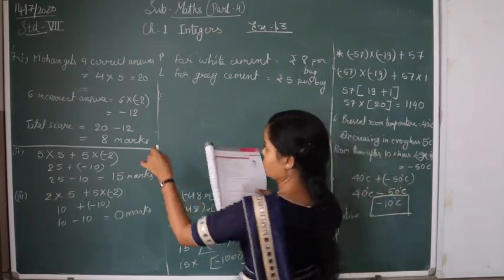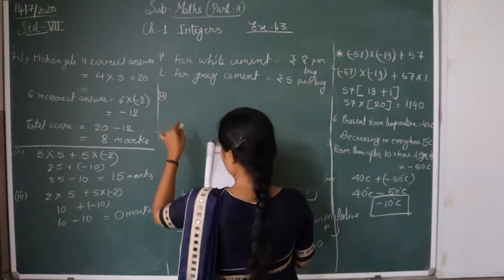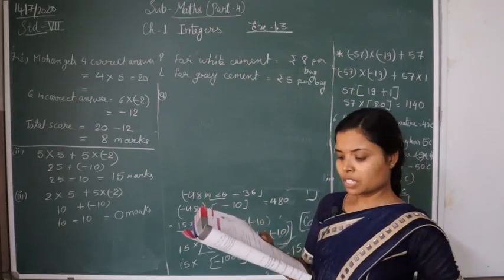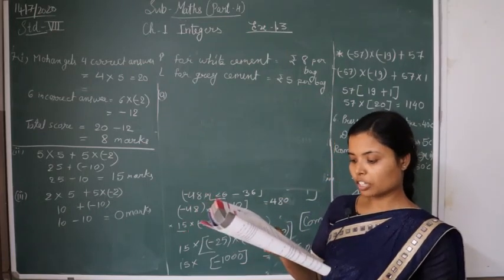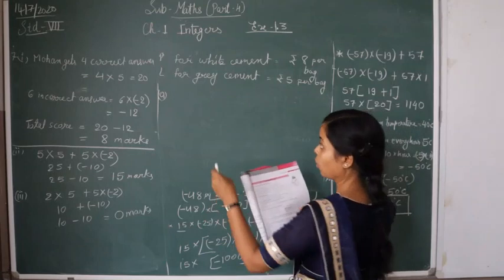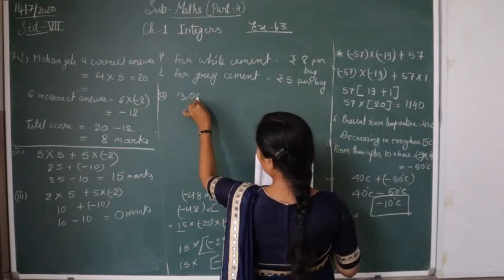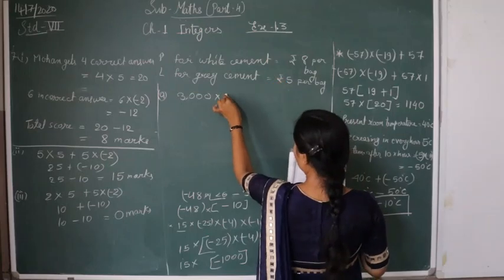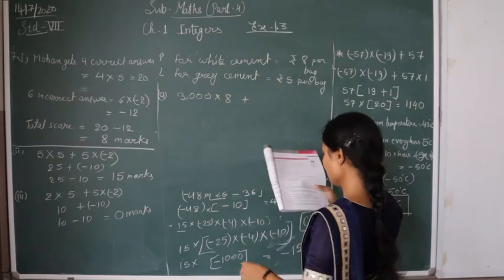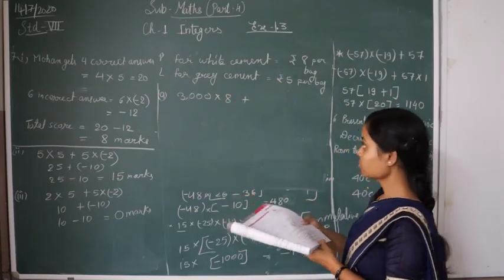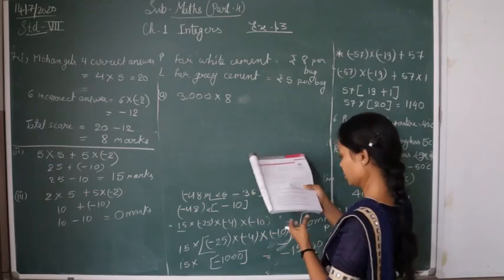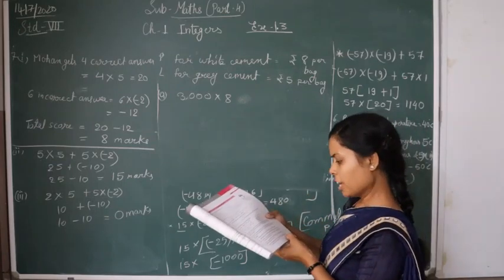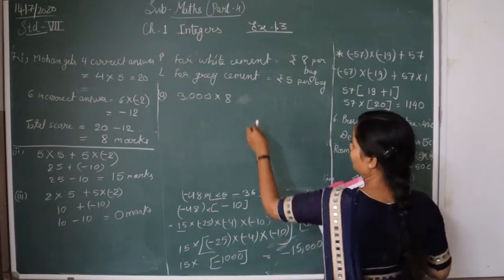Now we will come to the question. The company sells 3,000 bags of white cement. How many bags? 3,000 bags of white cement. For white cement we take 8 rupees. And 5,000 bags for grey.